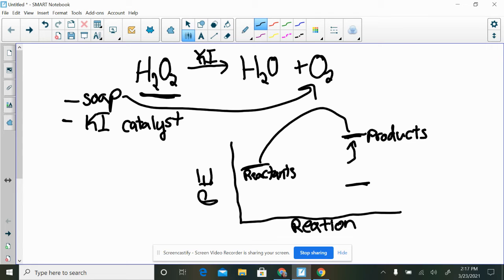So that means that you are putting heat or some kind of energy into the system, the bucket where they have the hydrogen peroxide. Did they heat it up? No. So this would be an endothermic reaction, where you're adding heat, and you would have a delta H that's positive.